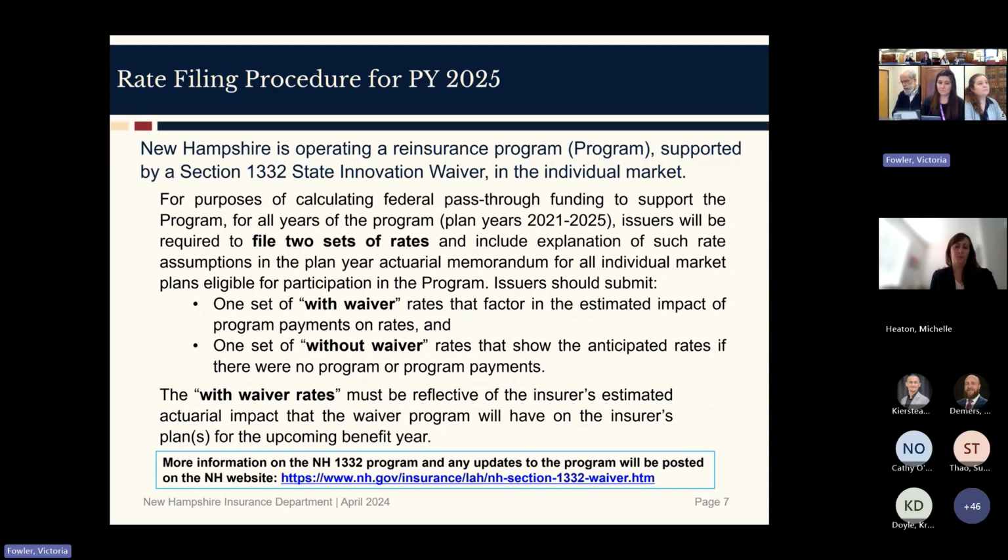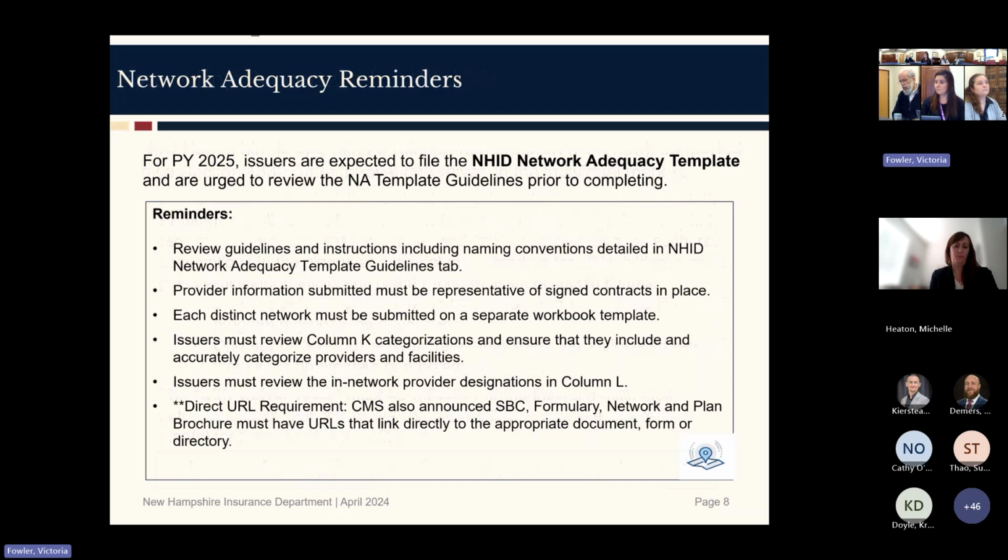Next slide, please. This next slide is in regards to network adequacy, and here are some tips and reminders for filling out the template. First, review the guidelines and instructions that come with the template. Next, the template should only reflect the providers in your network that you have signed contracts with.